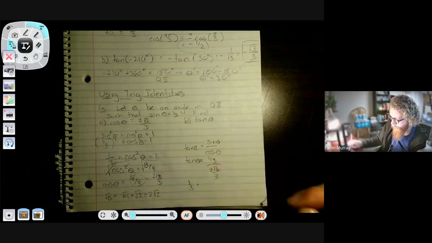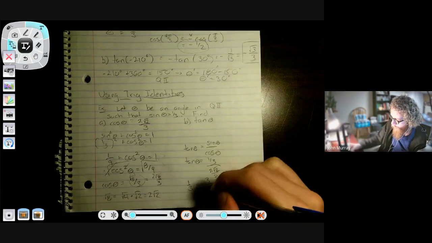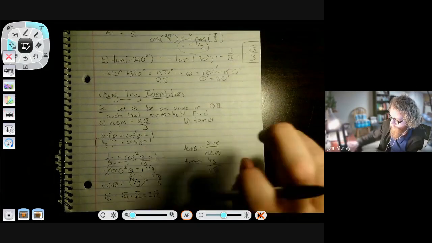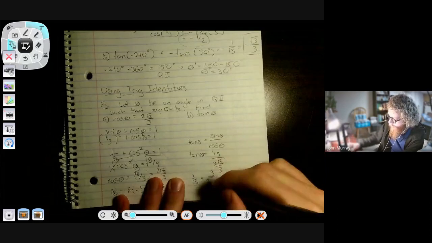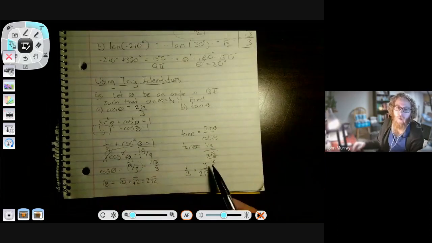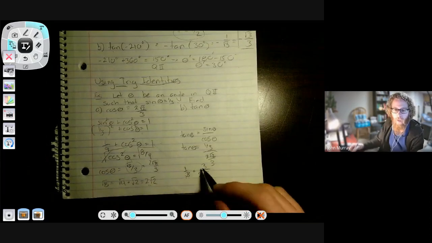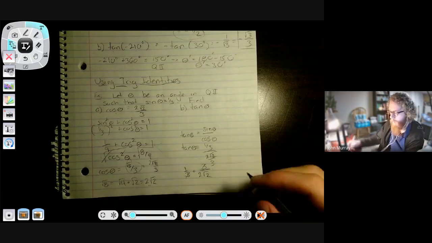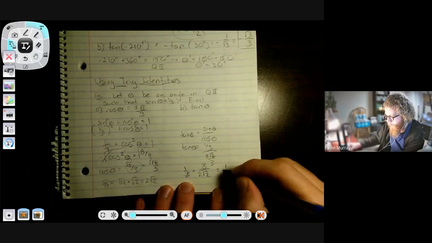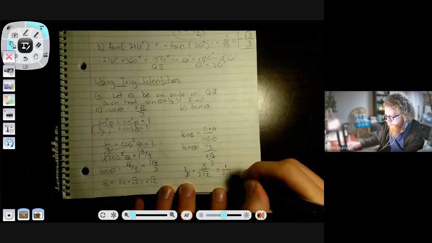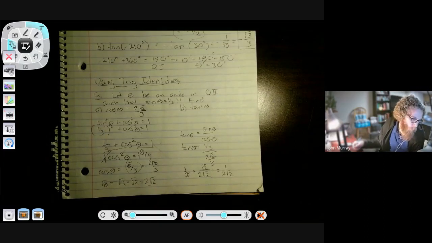So I have 1/3 times 3 over 2 root 2, right? We take the reciprocal of this, we swap the numerator and denominator. Well, this is nice. Those eliminate each other. All right, so we have 1 over 2 root 2.